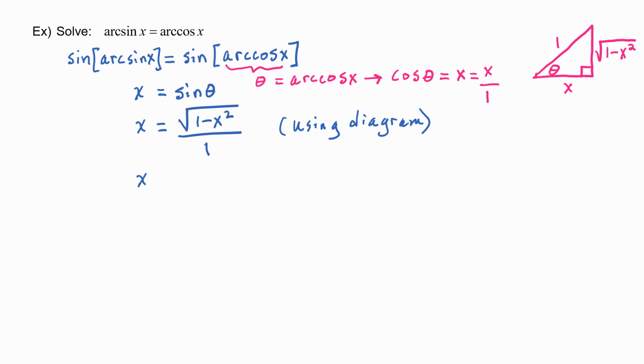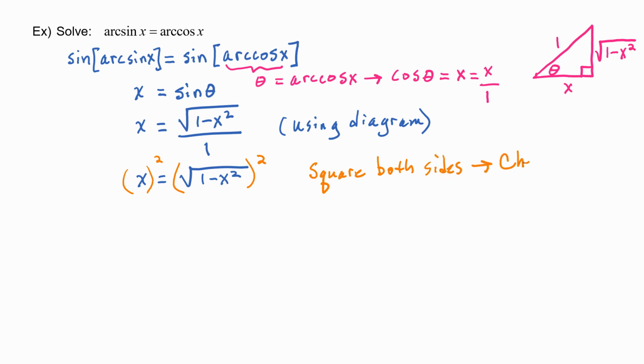So now we have x is equal to the square root of 1 minus x squared. And to solve for x, we would want to square both sides. Now, one thing to remember from your trig class and your algebra class is that if you square both sides, you will need to check for extraneous solutions.